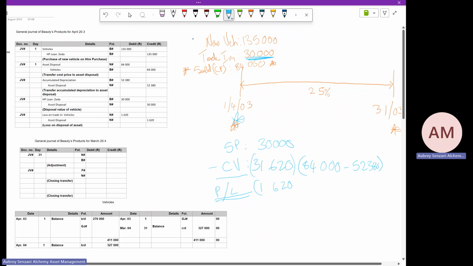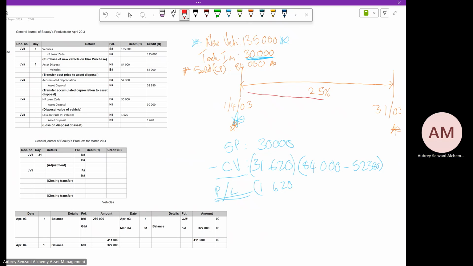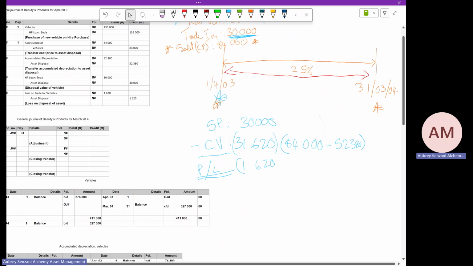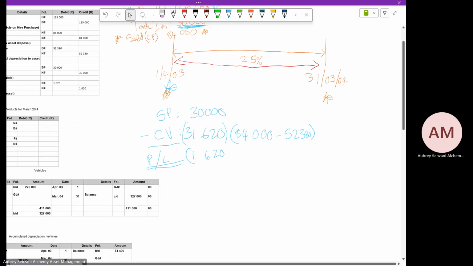And we've also recorded the purchase of the new vehicle, which happened on the 1st. So what we now need to do is record the depreciation that has taken place on the new vehicle, because we have a new vehicle.